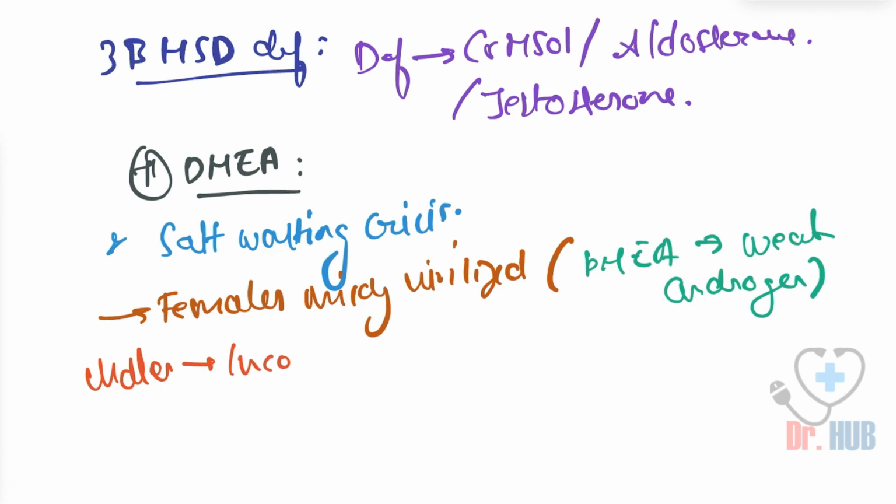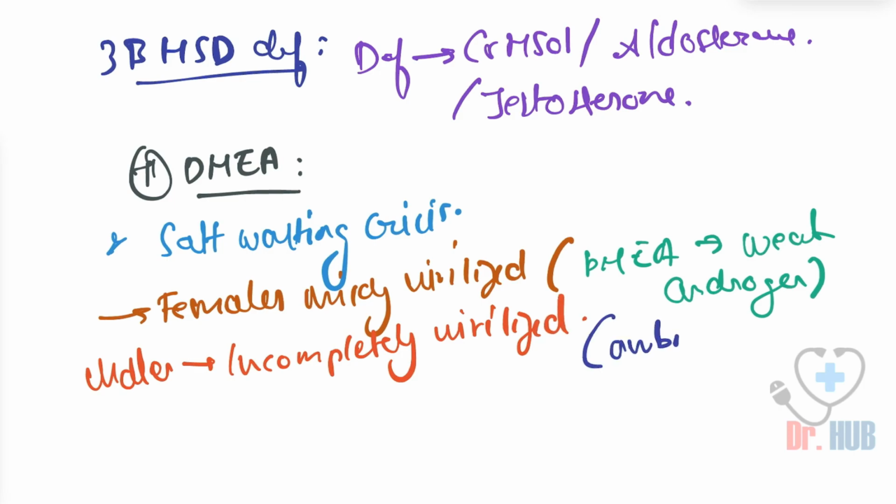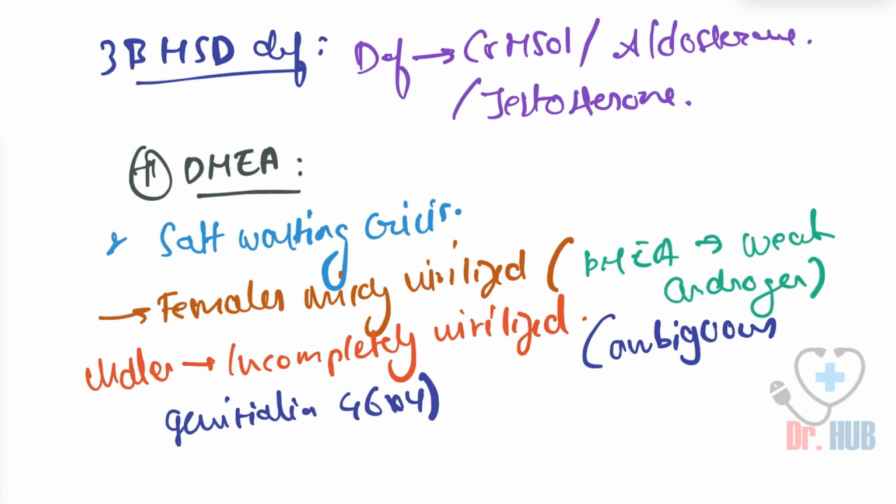So it is similar to that of the 17 hydroxylase deficiency. So here also the males are incompletely virilized. That is nothing but the presence of the ambiguous genitalia. That is a 46XY.